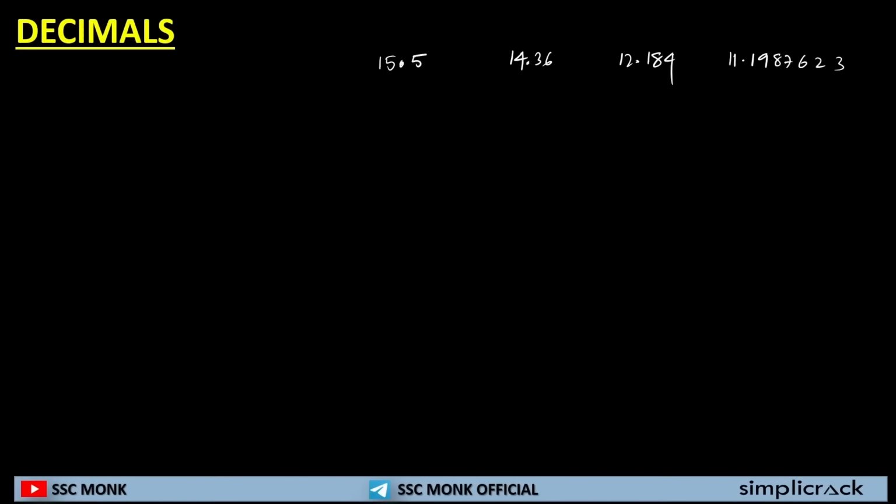Now the most important part is to understand that here this is the unit digit, this is the 10th, this is 100, then 1000, then 10,000, then 1 lakh and so on. But in decimal it is the opposite. This is the 1 by 10th place, this is the 1 by 100th place.